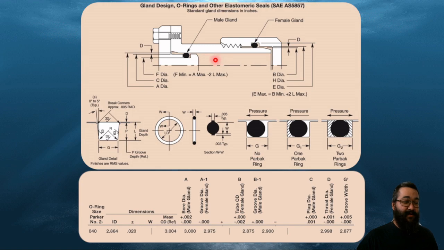So I could go to this A diameter for my 3 inches, scroll down, find the 3 inches, and across this line it gives me all the other dimensions that I need for the gland. Then I can come back up here and look at the radiuses of the gland, and look at the cross section of the O-ring and determine how wide the gland needed to be based off those dimensions.